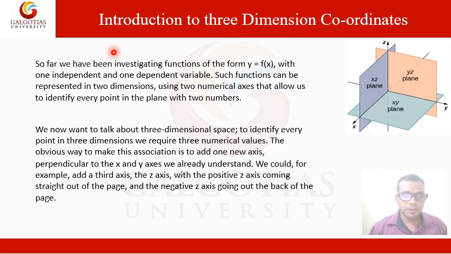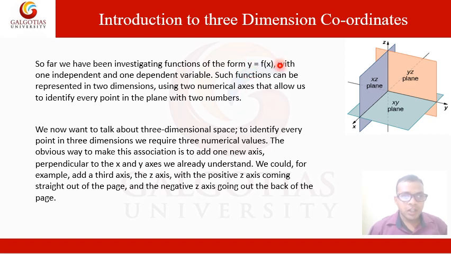Let us see how the introduction to the 3-dimension coordinate system can be understood. We have understood till now, in our previous classes, about functions, which are a machinery given by y is equal to f(x). What we give to a function f is your independent part, and what we obtain from this function, y, is your dependent part.